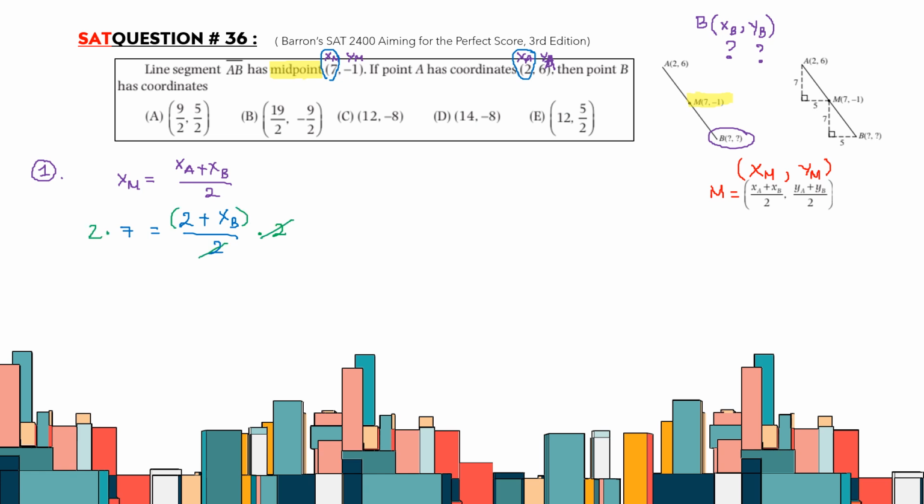We cancel that one. We have 14 equals 2 plus x sub B. Now we subtract 2 from both sides. We cancel that 2, 2 minus 2 is 0. We have x of B on the right-hand side and 12 on the left-hand side. So one of the question marks is 12.